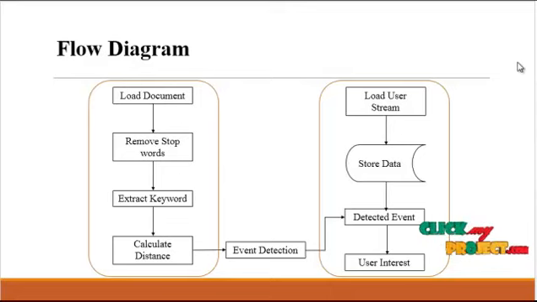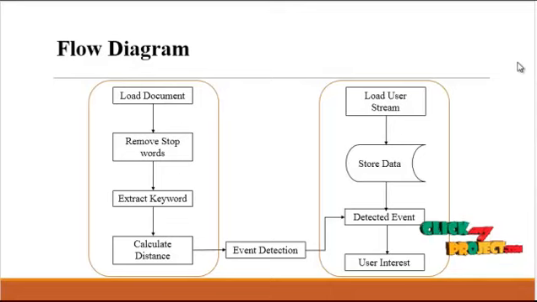It automatically retrieves the event names, and then using the extracted keywords, that is the events, we calculate the distance. In calculating distance, the distance of each word in the document is calculated, and finally the hot events will be detected from the document which we loaded.